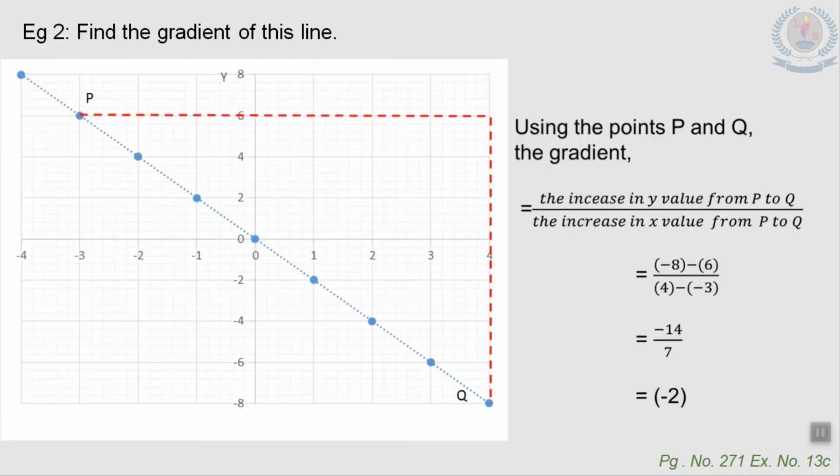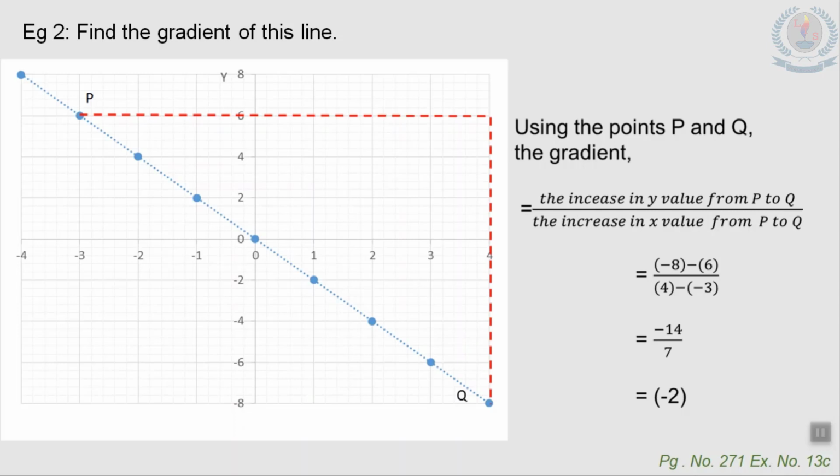Example 2. Find the gradient of this line. Here I choose 2 coordinates using the points P and Q. The gradient is equal to the increase in y value from P to Q divided by the increase in x value from P to Q. So, the increase in y value from P to Q is minus 8 minus 6, so it's minus 14.